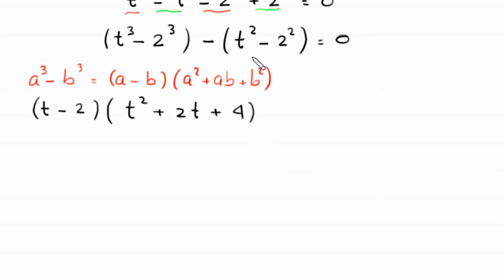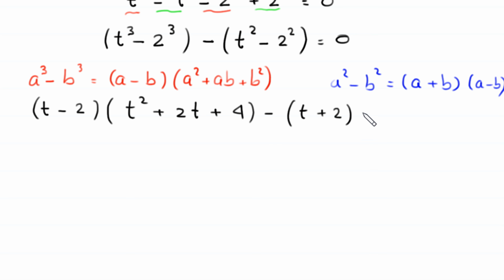And by using this algebraic identity, a squared minus b squared equal to (a plus b) times (a minus b), this t squared minus 2 squared will become (t plus 2) times (t minus 2) equal to 0.